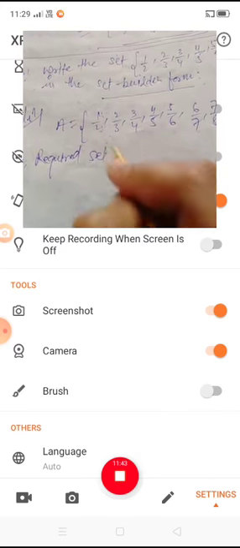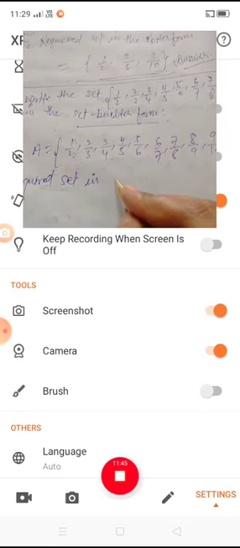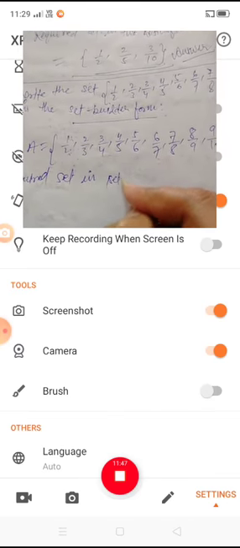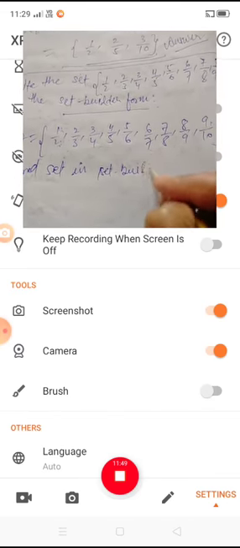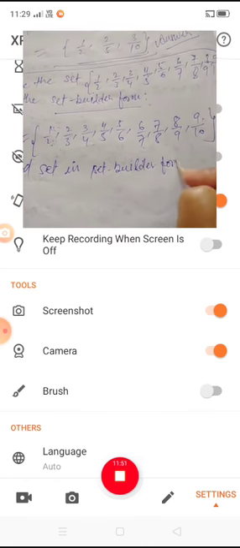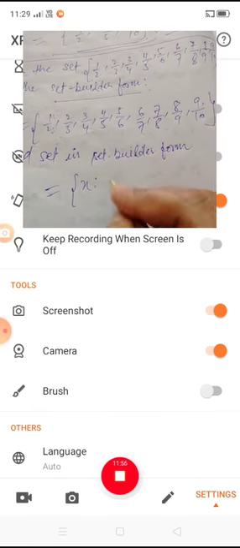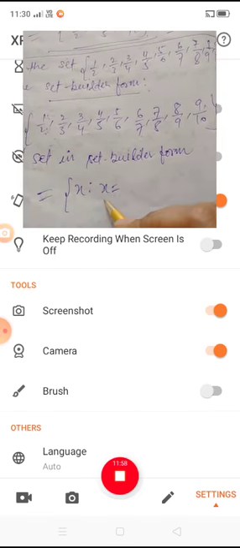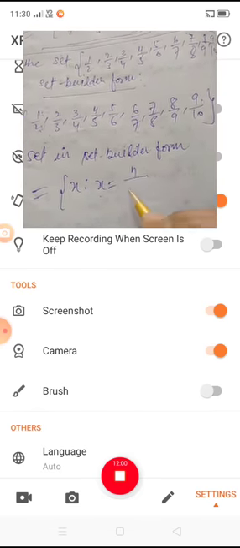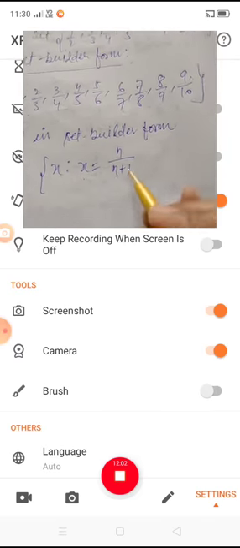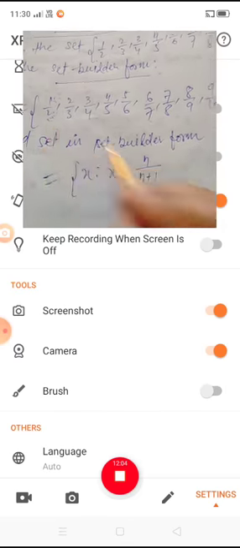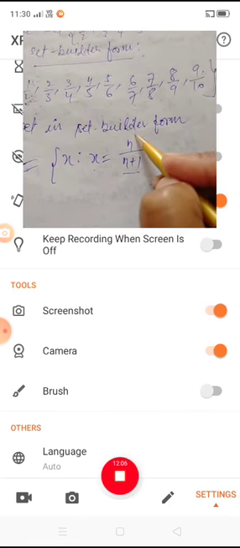So the required set in set builder form is x such that x is equal to n upon n plus 1, because the denominator is one more than the numerator.